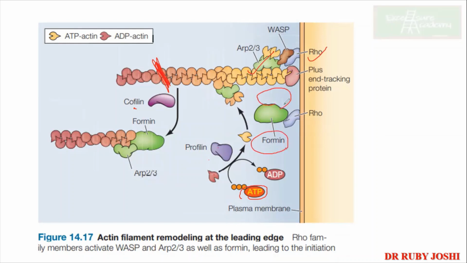So in the formin dimer, three G-actin come in, where the nucleation starts, and then they keep on adding the monomers in order to form the filamentous microfilaments. Okay, I guess this is another video I have added for better understanding.